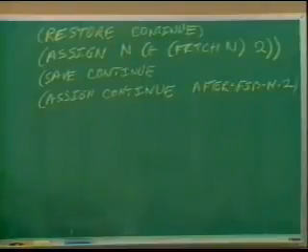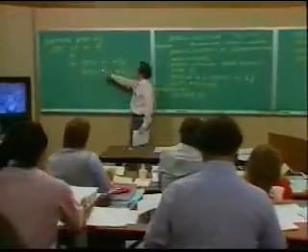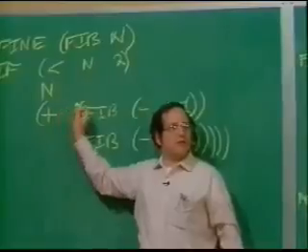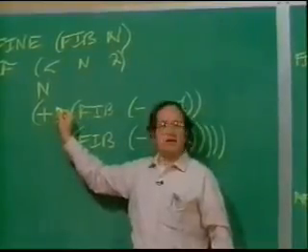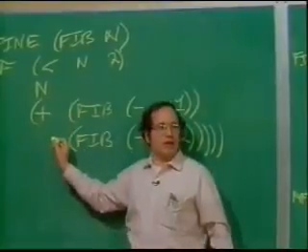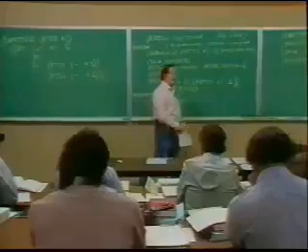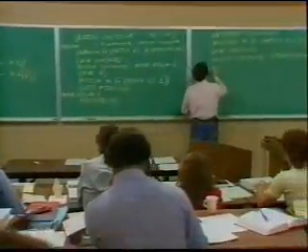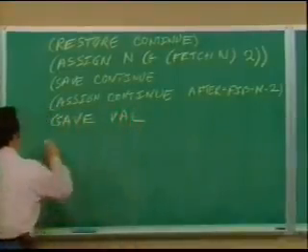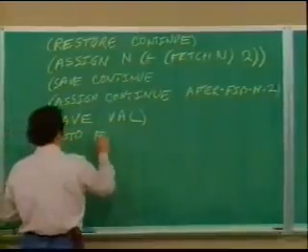However, I've got to be very careful. The value of Fibonacci of n minus 1, I'm going to need later, and I can't clobber it, because I'm going to have to add it to the value of fib of n minus 2. That's in the value register, so I'm going to save it. So I have to save this right now. Save up val. And now I can go off to my subroutine. Go to fib loop.